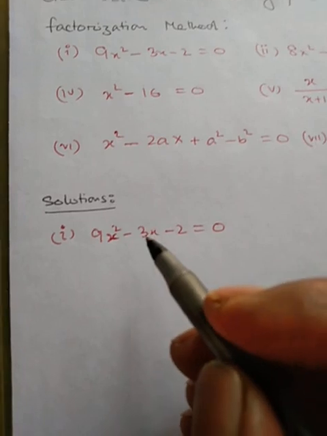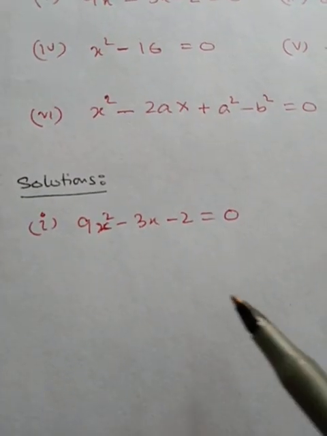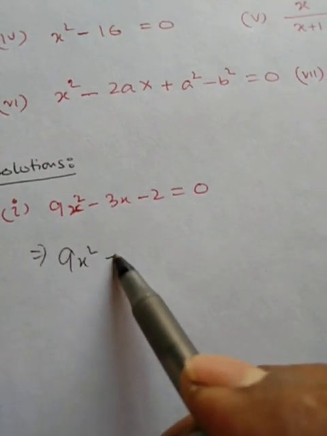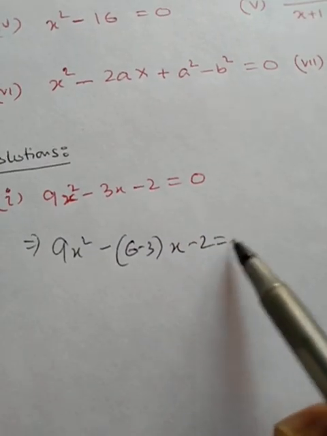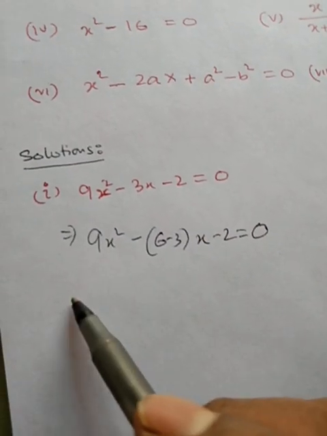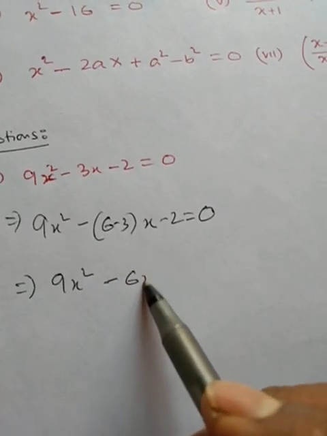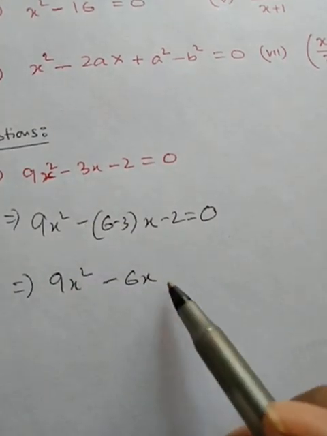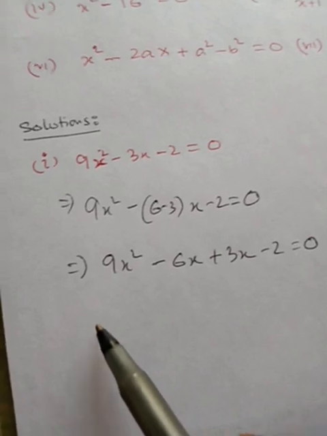So now in place of this 3x we'll write 6x minus 3x. So now 9x square minus 6x minus 3x minus 2 equal to 0. Then it is 9x square minus 6x, x is distributed with both the terms, and then minus 3x minus 2 equals to 0.